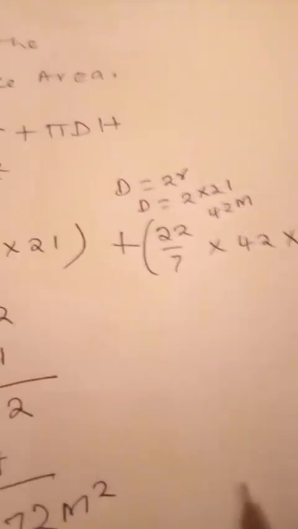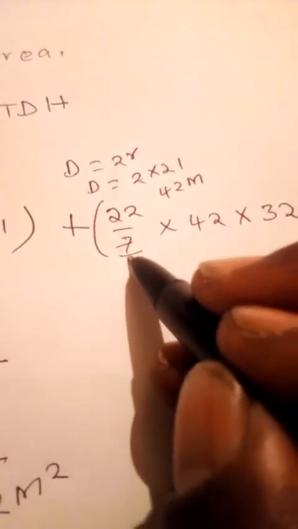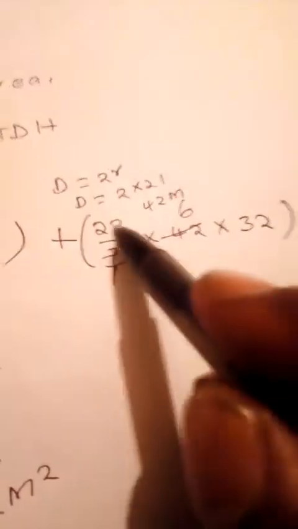Let's now expand the second part here. 7 here is 1, and here is 6. 22 times 6 is 132, times 32.